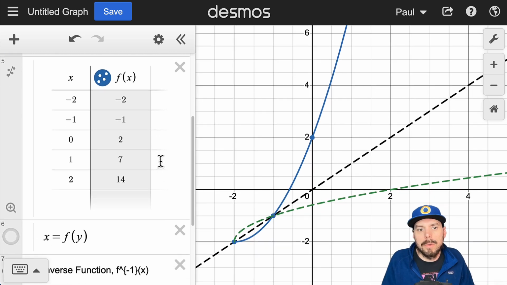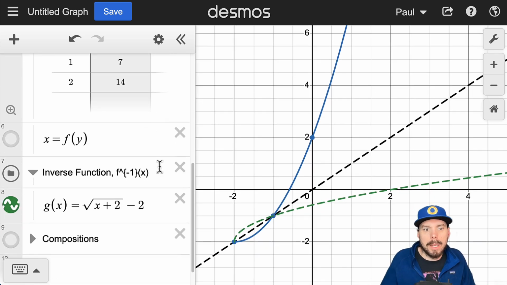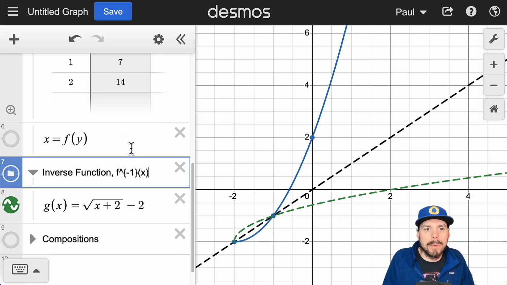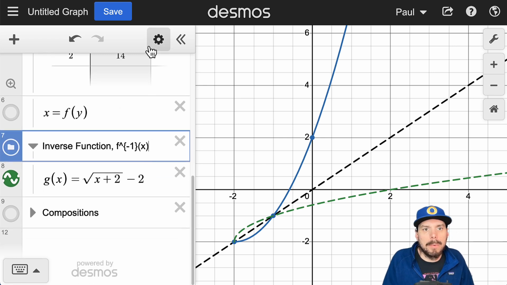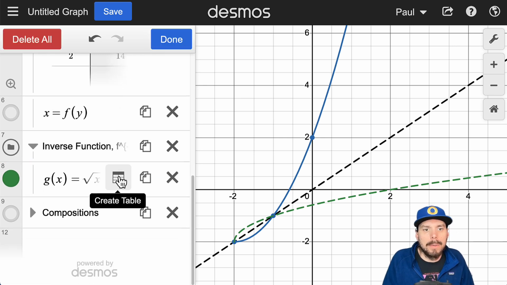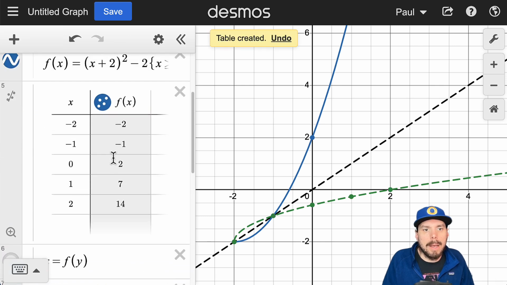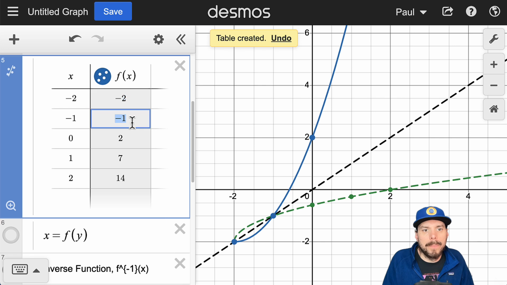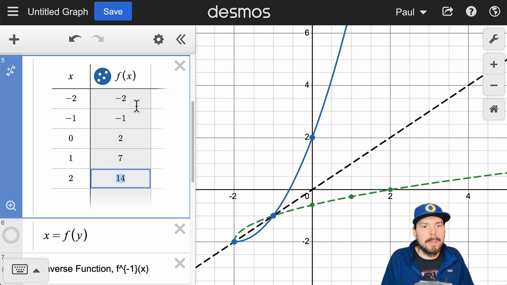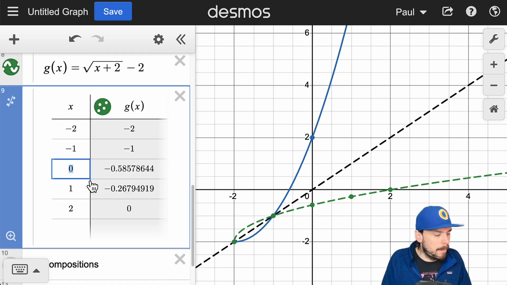Now what I can do to help understand that idea of these inverse functions is create a similar table for g of x, using that edit list, create table next to g of x, and now take the y values from the function and plug those in as your x values. So -2, -1, 2, 7, and 14 for mine.